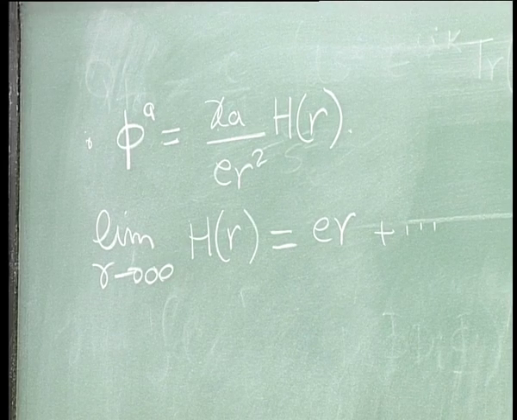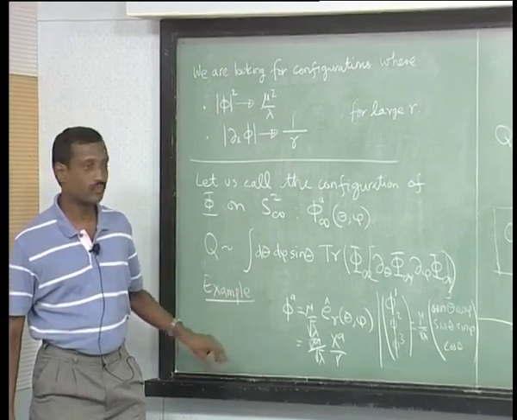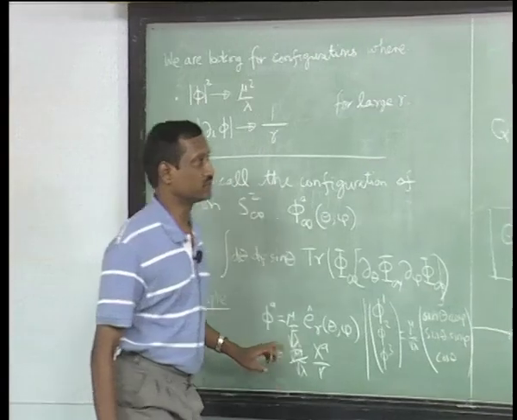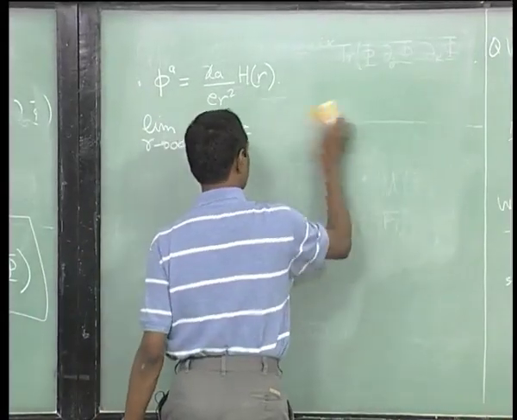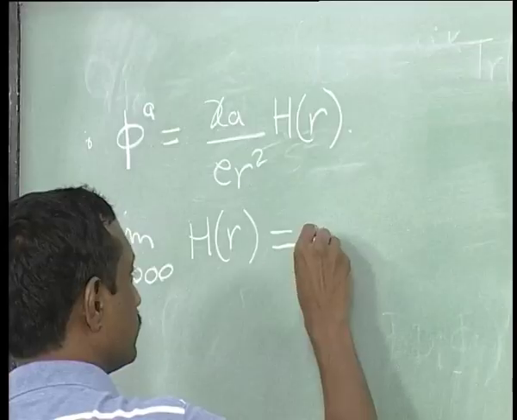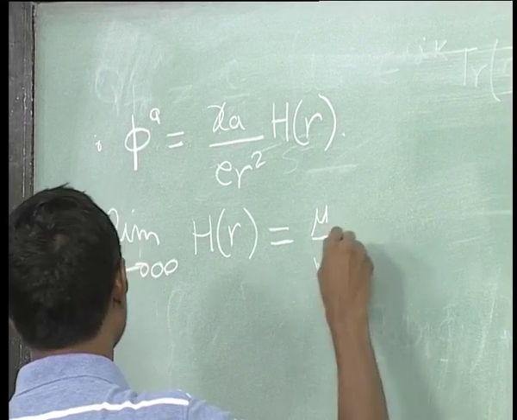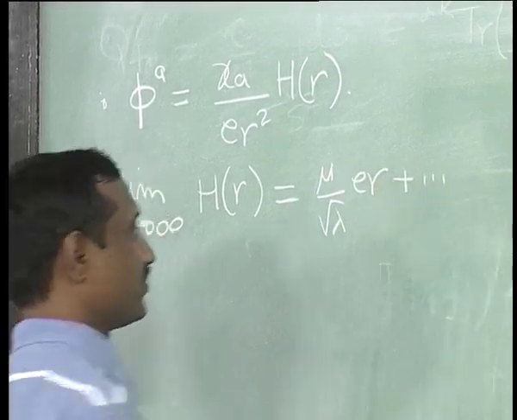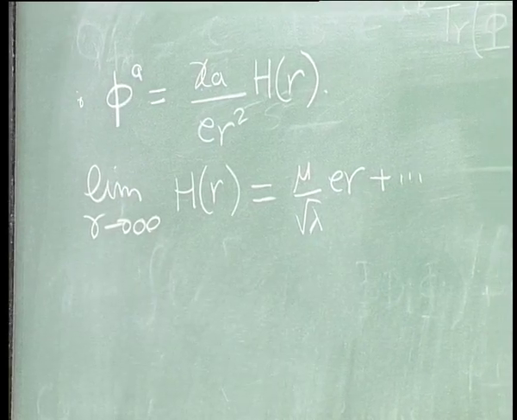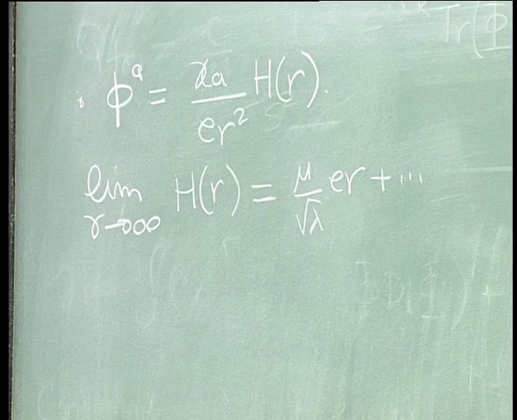So that this will match this. The best solution is to go ahead and define this, which should be its behavior for large r plus subleading terms. Okay.